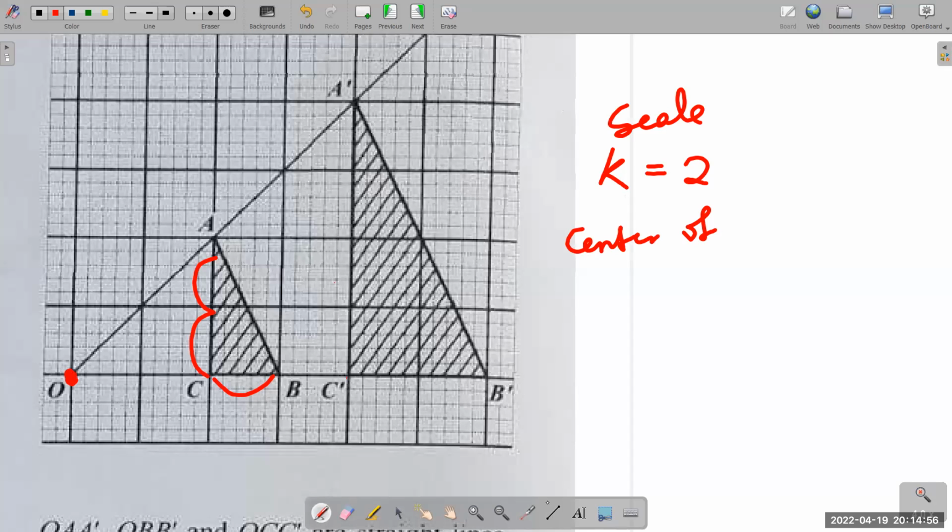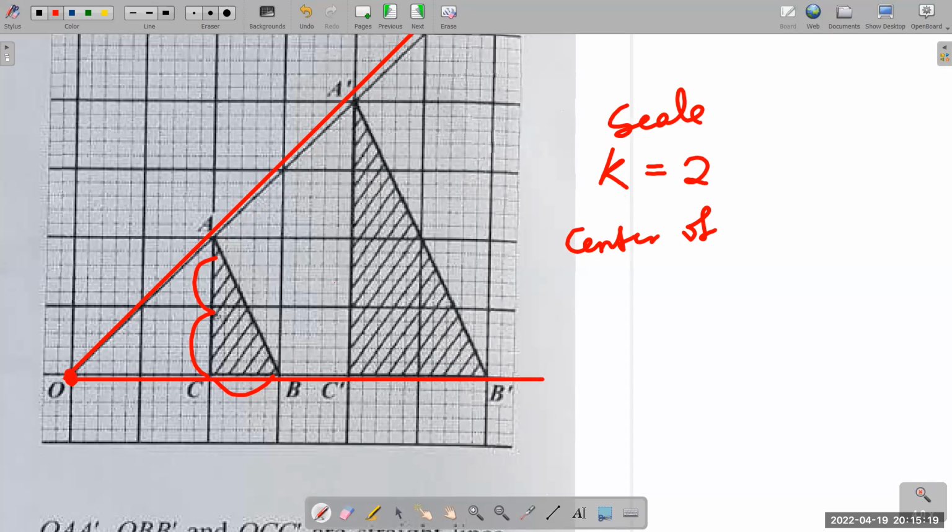The first thing you're going to do, you're going to take your pencil and your pen, and you're going to draw a line straight through every point. Luckily for you, in this case, both points C and B are on the same line. Everybody see that? Now check this. Each point will be doubled.